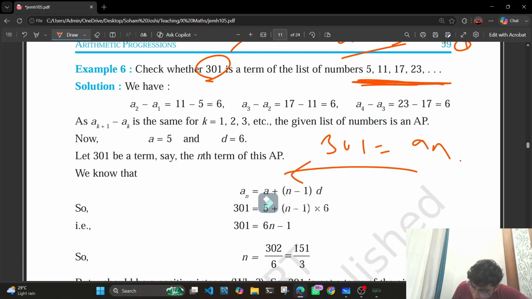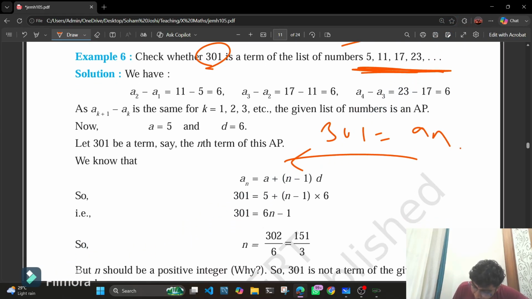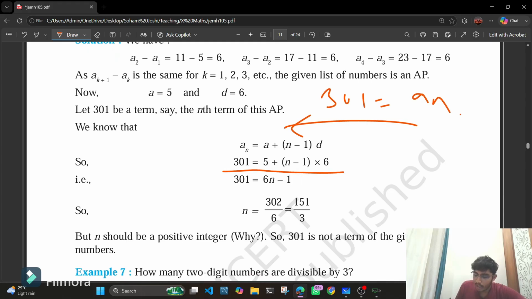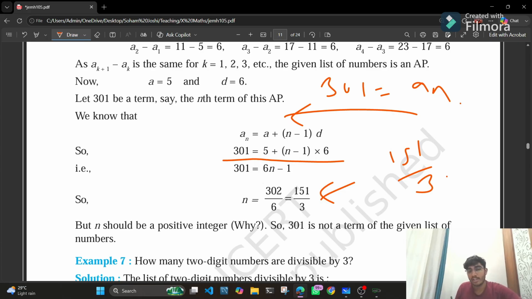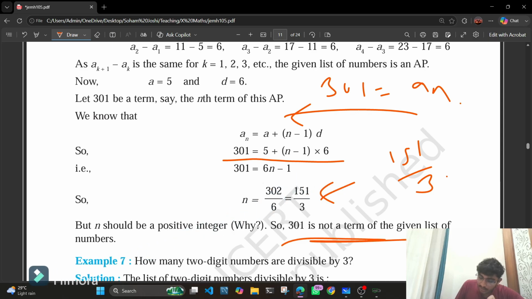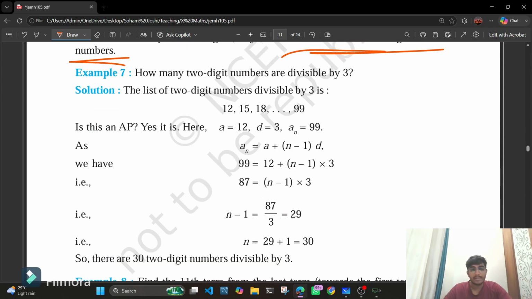Putting it in the formula, 301 is equal to 5 plus (n minus 1) into 6. Here we get n equal to 151 by 3. As this is not a whole number but a fractional value, we can say that 301 does not exist in the given list of numbers. It is not a term of the given list. I hope that is clear.